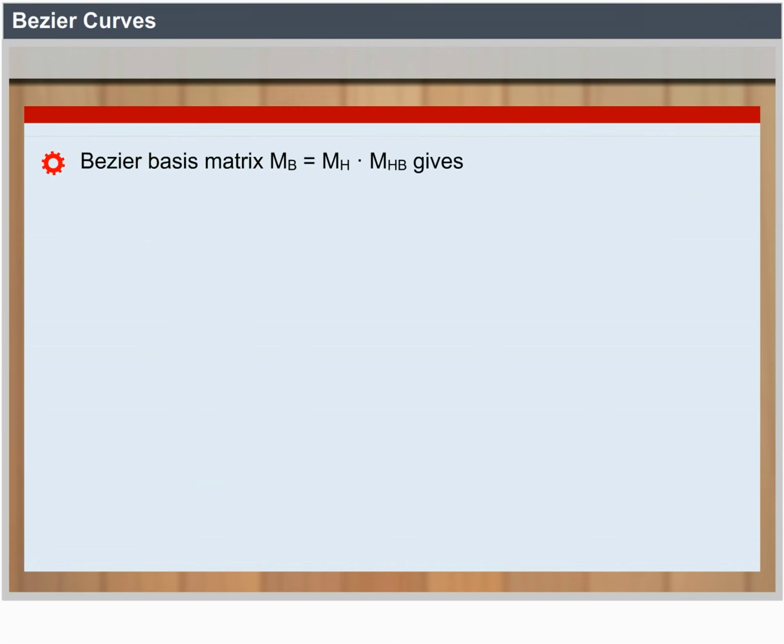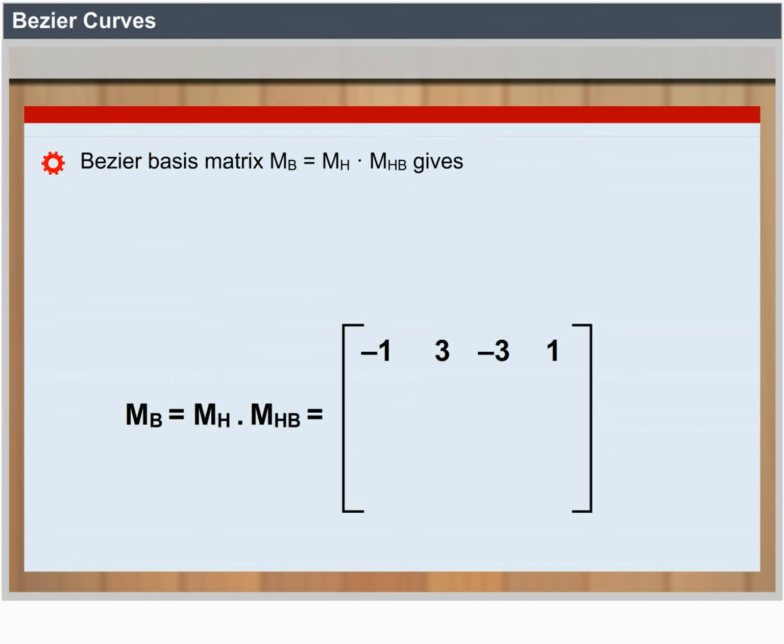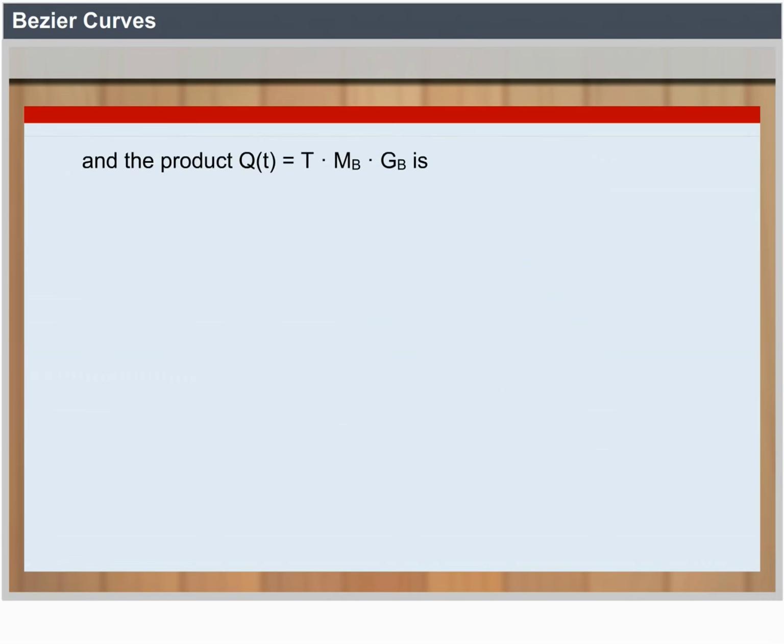Bezier basis matrix MB equals MH and MHB gives the following. And the product Q of T equals T and MB and GB as shown below.